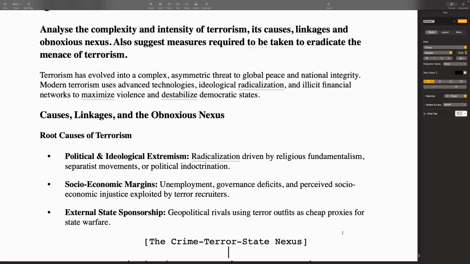Causes, linkages, and the obnoxious nexus. Root causes of terrorism: political and ideological extremism, radicalization driven by religious fundamentalism, separatist movements, or political indoctrination; socio-economic marginalization, unemployment, governance deficit, and perceived socio-economic injustice exploited by terror recruiters; external state sponsorship, geopolitical rivals using terror outfits as cheap proxies for state warfare.